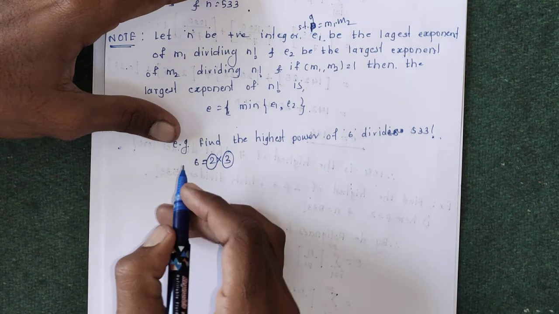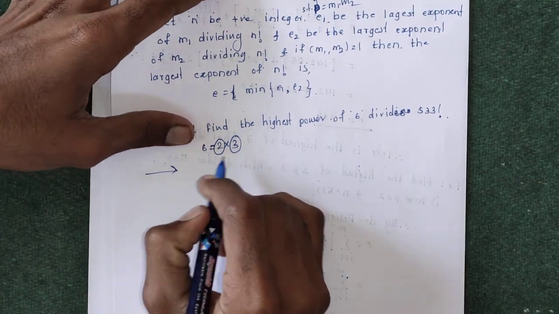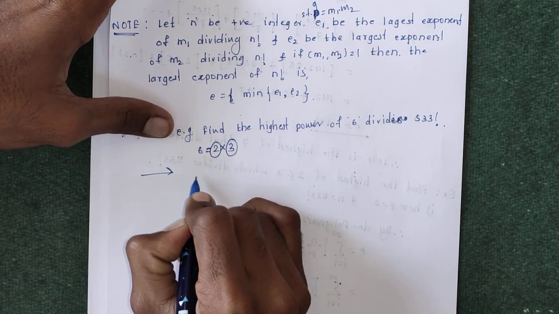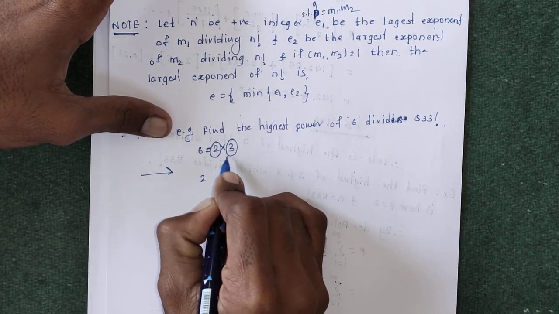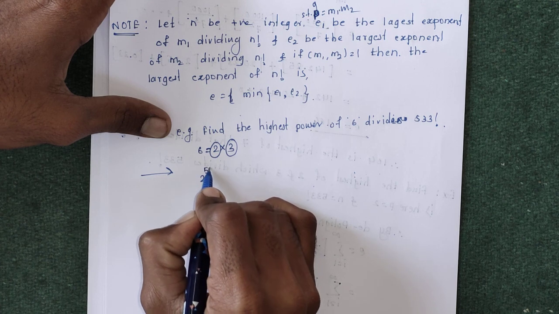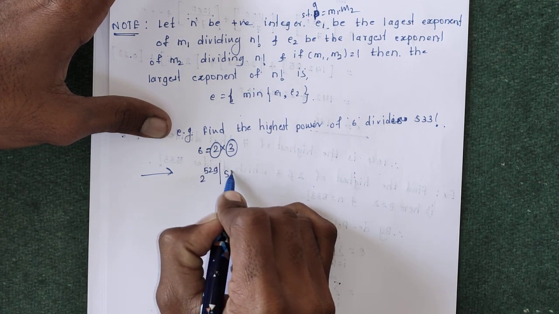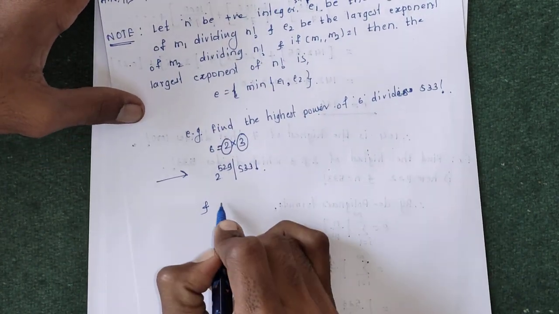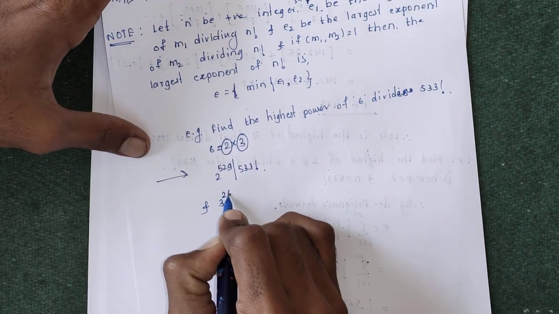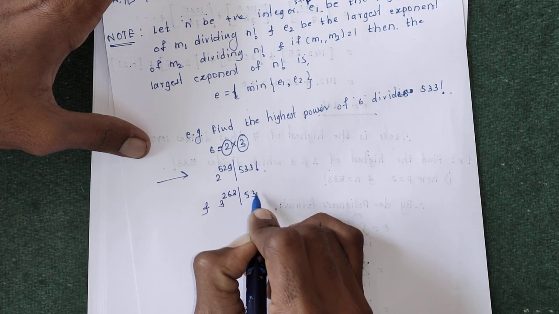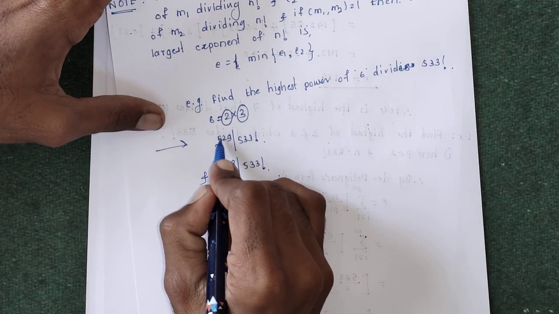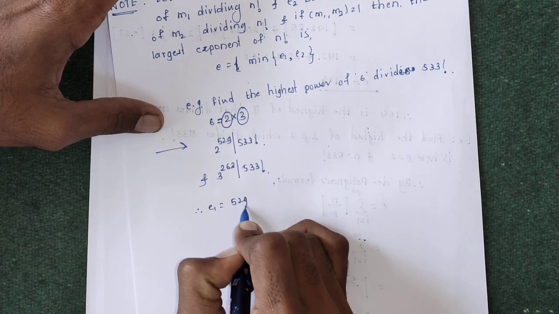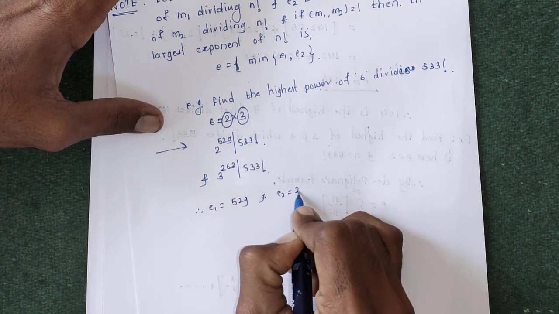So in the previous example we found that the highest power of 2 that divides 533 factorial is 529, and if you solve this example for p equals 3 as homework, then you will get that the highest power of 3 that divides 533 factorial is 263. Here e1 is equal to 529 and e2 is equal to 263.